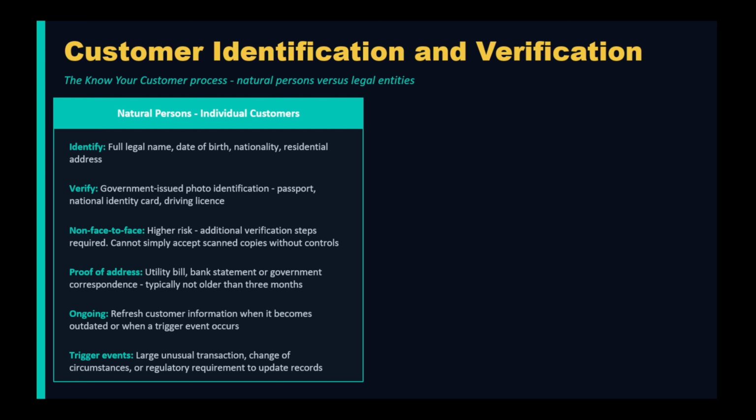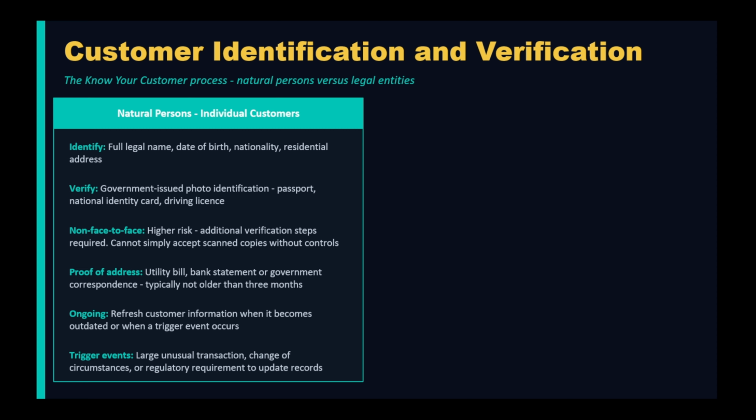Non-face-to-face customers, those who open accounts remotely without presenting themselves in person, carry higher risks. Additional verification steps are required. You cannot simply accept scanned copies of documents without compensating controls. Proof of address is typically required separately: a utility bill, bank statement, or government correspondence.